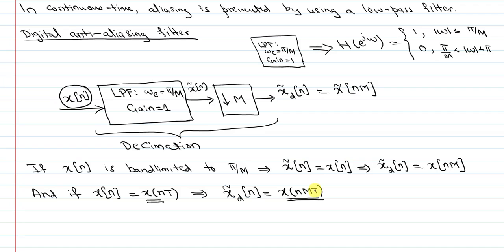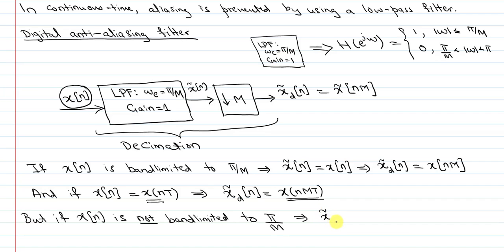Okay, but if x[n] is not band limited to pi over M, then this won't be true, of course. x tilde_d[n] would not be equal to x[nM], but at least the advantage is that we have avoided aliasing.